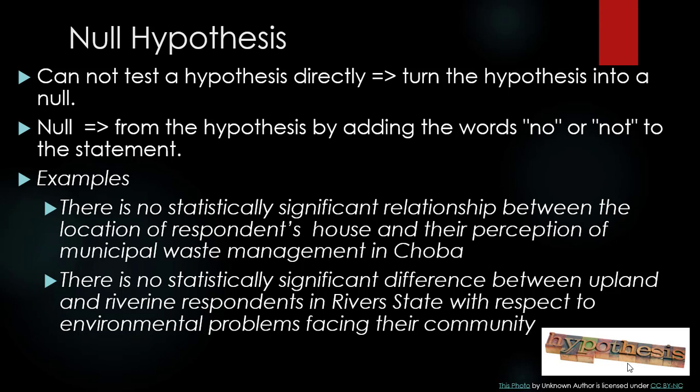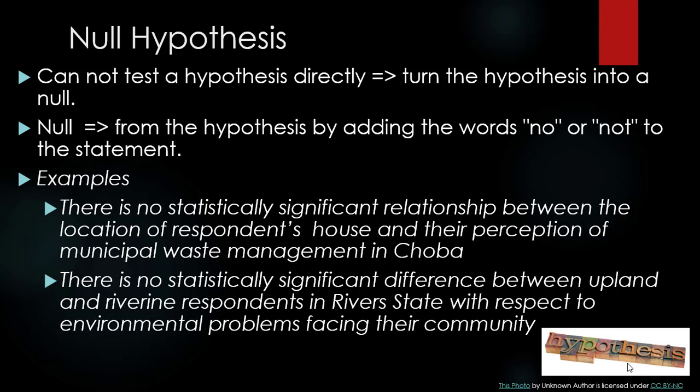So the null hypothesis is what we're going to subject to statistical testing, because in scientific inquiry we assume that it is better to be unbiased. We assume from the onset that there is no. So we need to find evidence to convince us that there is.